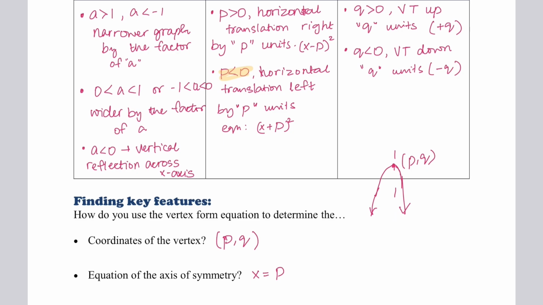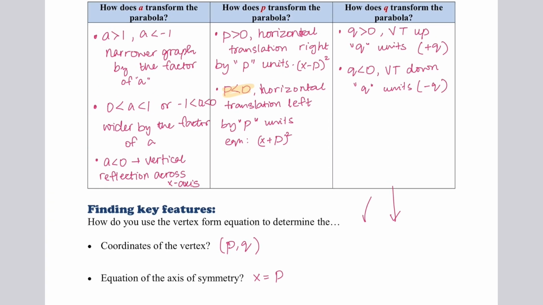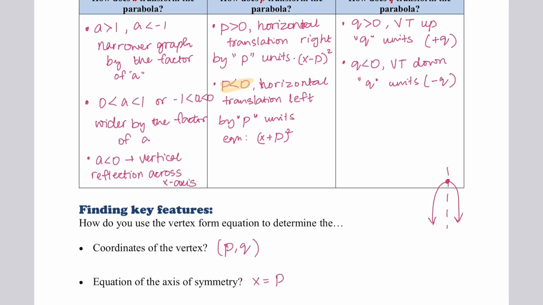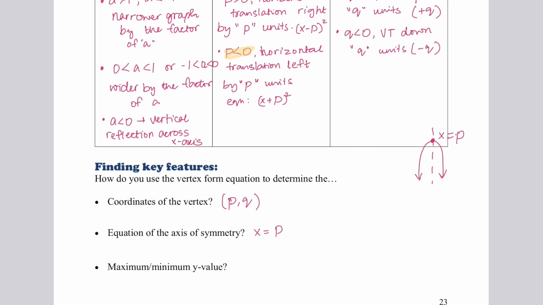Let me just redraw the parabola. Okay, that's better. This is our vertex, so our line of symmetry is here. Because it is parallel to our y-axis, x will be equal to p. And our max or minimum y value is just our q.